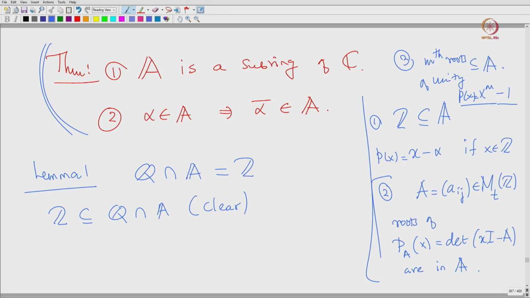Now, we need to prove the other way. Let alpha be an element in Q intersection A, and let p of x be the monic polynomial that it satisfies, which is given by x to the power k plus etcetera plus a1 x plus a naught. This is the monic polynomial that alpha satisfies.